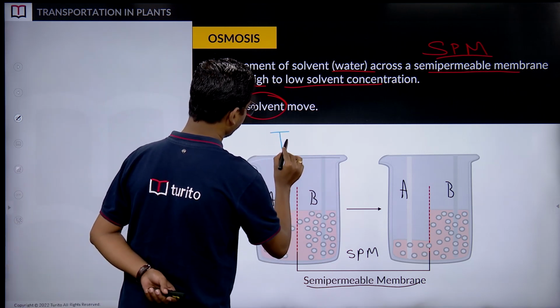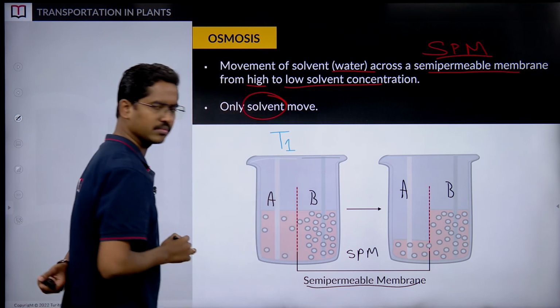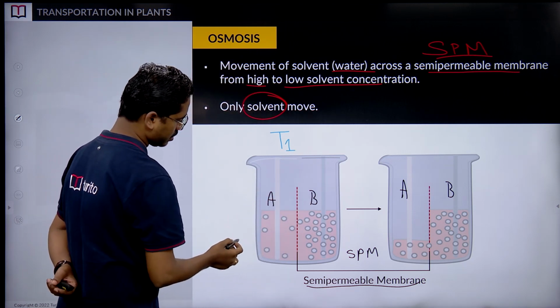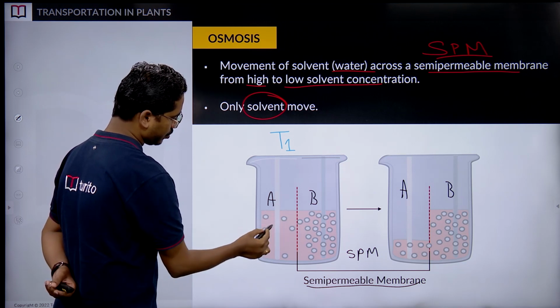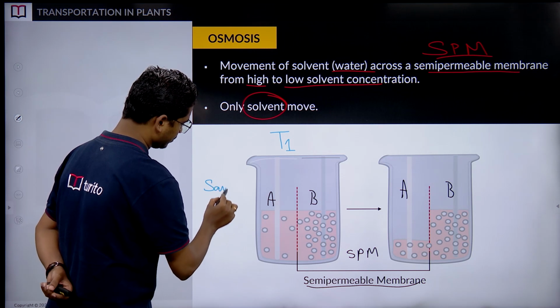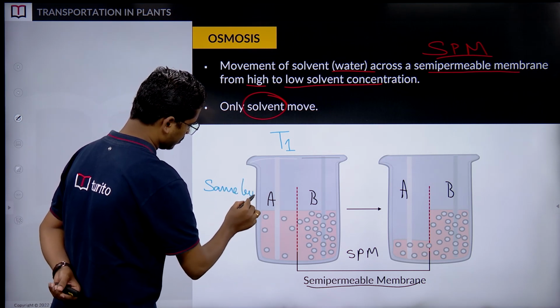At time t1, it was like this, you see, region A, region B. It is having solvent, that is water, in both the regions at the same level.